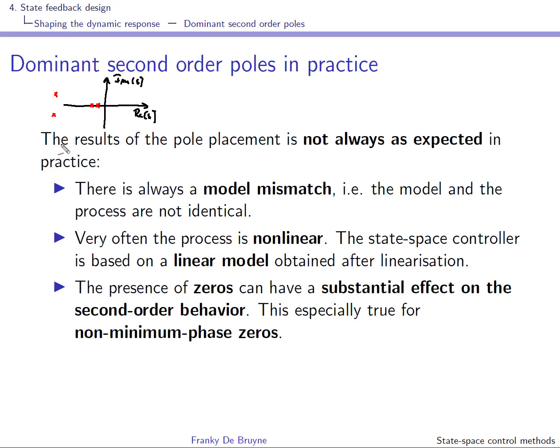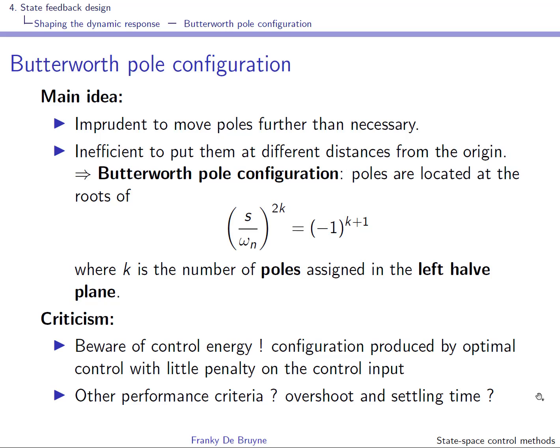And the next thing that you could use is also this Butterworth configuration that we're going to see right now. The idea behind the Butterworth pole configuration is that it is imprudent to move poles further away than necessary, and that it is inefficient to put them at different distances from the origin.